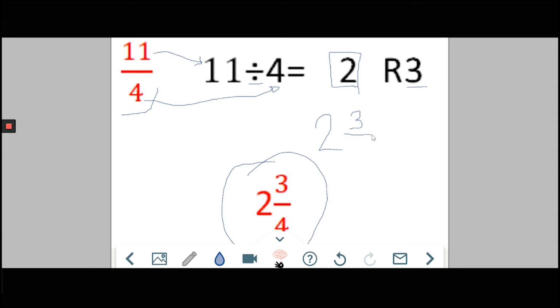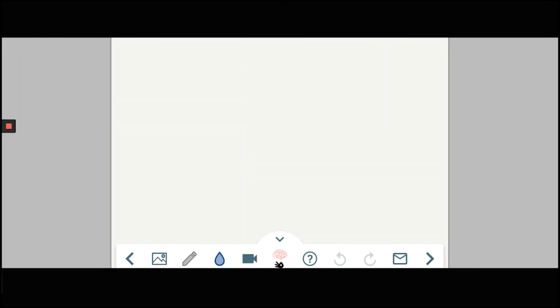And our denominator is just the same denominator we were already using, 4. So 11 over 4 becomes 2 3/4. What do you think about that? Good. Okay, now let's try a couple examples.